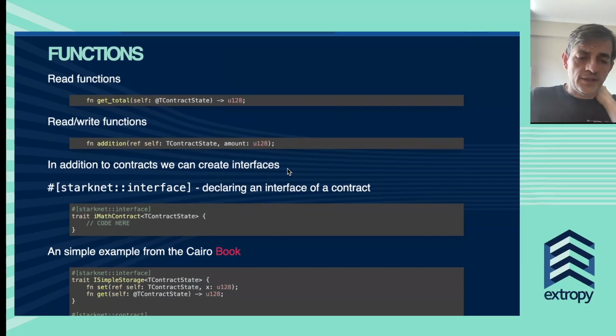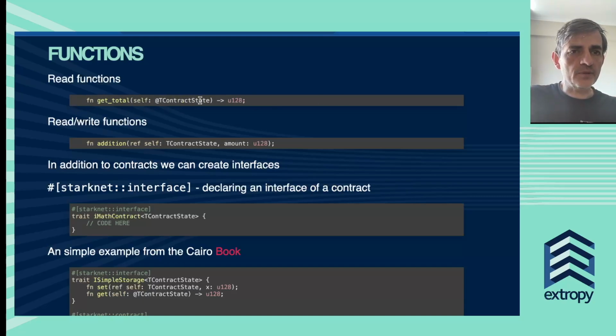Okay, so let's have a look at functions in a little bit more detail. As with other blockchains, we have the concept of read-only functions and read-write functions. The signature of read-only functions is that they have a snapshot as one of the arguments. So you can see here we've got this function signature get_total.